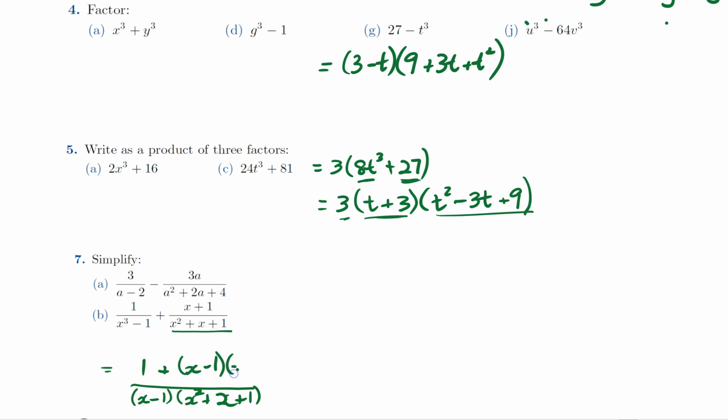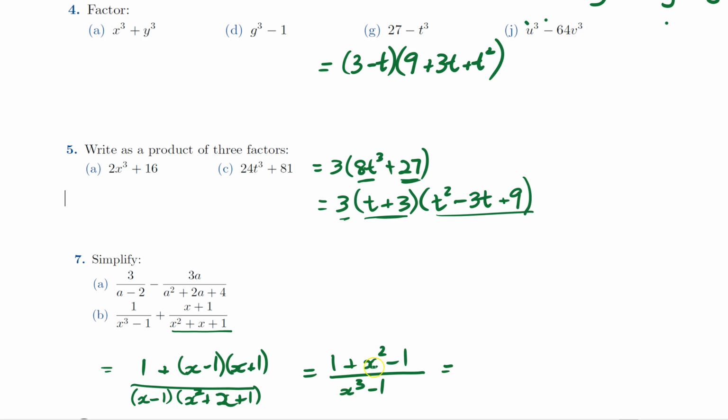And what I'm hoping is that as you're writing this down, you recognise that this is a difference of squares. So this part here becomes x squared minus 1. Our bottom, now I'll just rewrite this back as x cubed minus 1. Doesn't have to be done that way, but I'm lazy and it looks nicer.